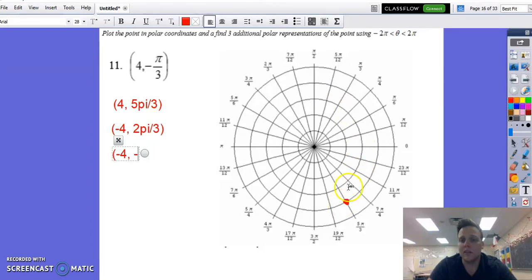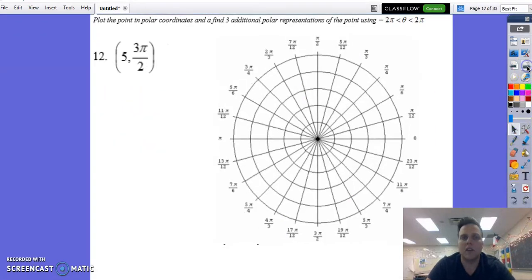So that's 16. Now I'm going to go back to the original and count 16 around to see what that angle is. 16. 4 pi over 3. So the negative angle I need is 4 pi over 3. And bam, there you go.